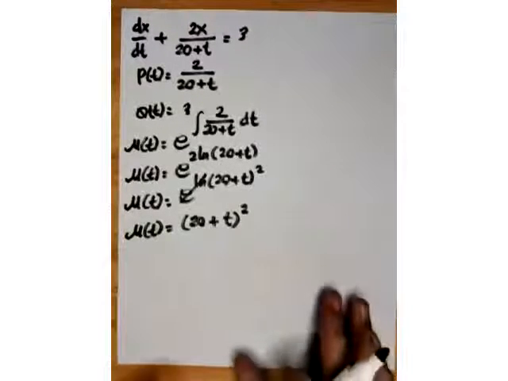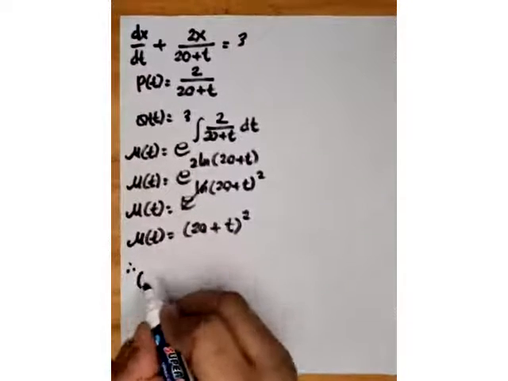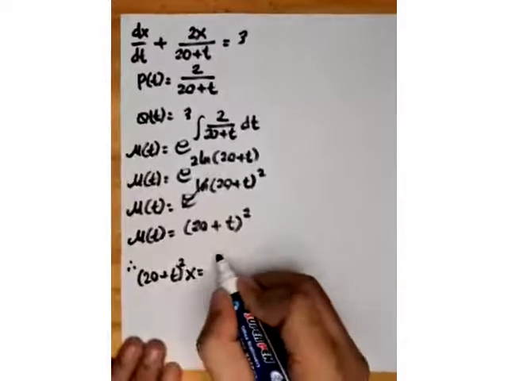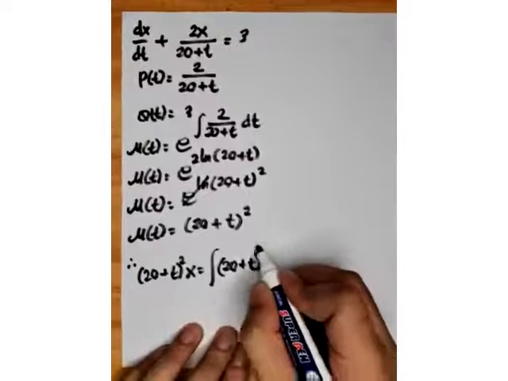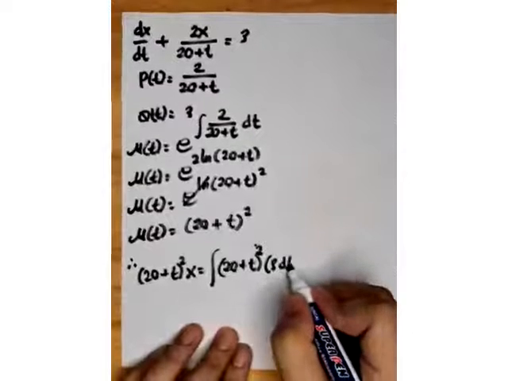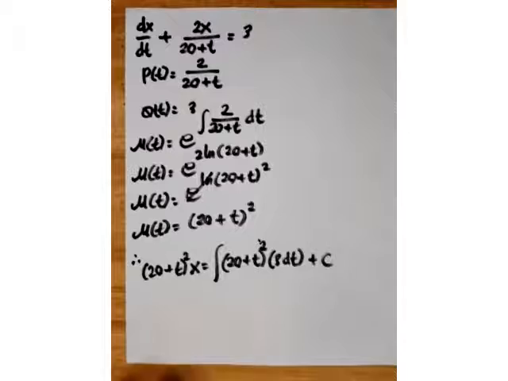Okay. Now, let's apply yung sagot na natin. So, therefore, we'll have 20 plus t squared x is equal to the integral of 20 plus t squared times 3 dt plus c. Ayan. So, ipa-power formula lang natin.